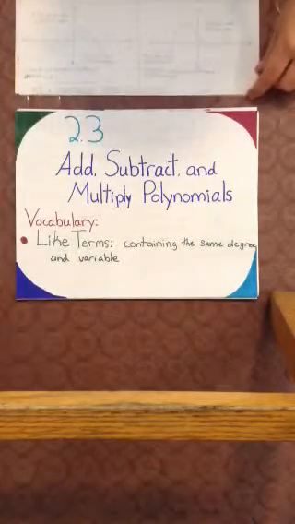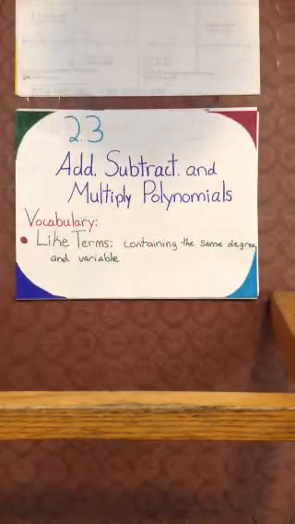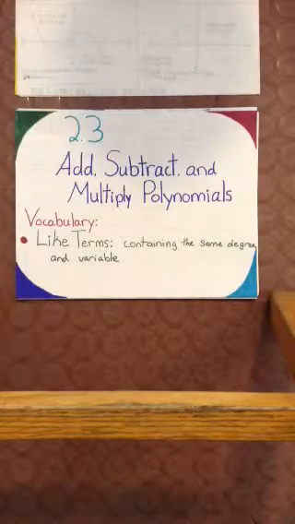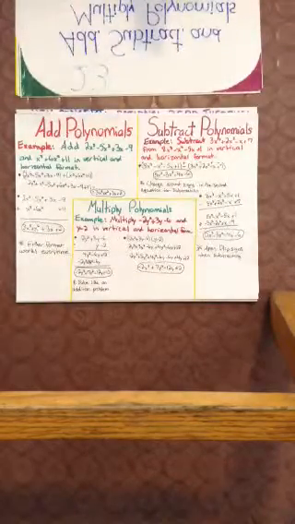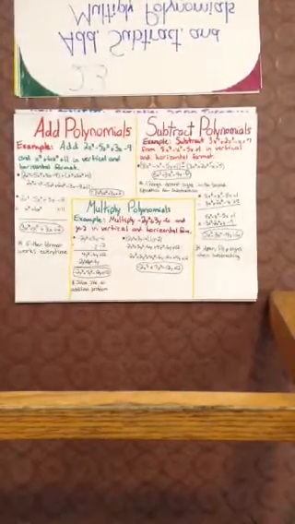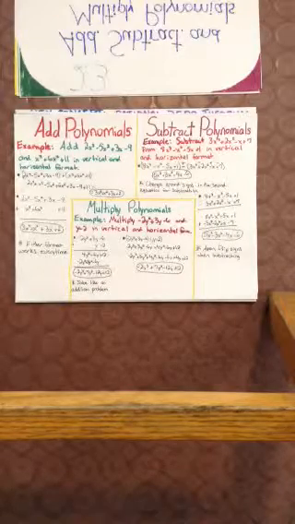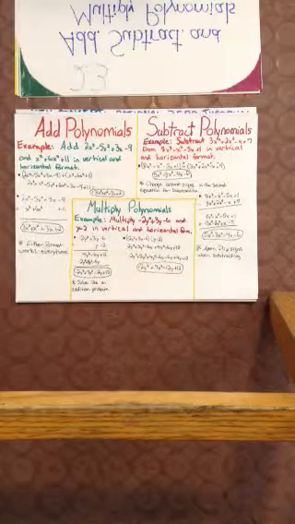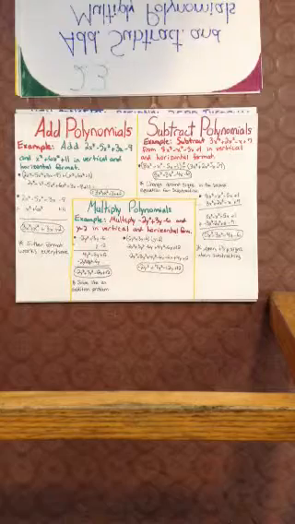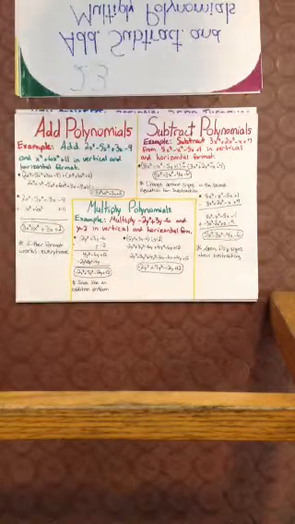2.3, Add, subtract, and multiply polynomials. The one vocabulary term is listed below. For adding, subtracting, and multiplying polynomials, the only one I'm going to go over is subtracting polynomials, because when you subtract polynomials, you're technically adding polynomials and changing around the signs.